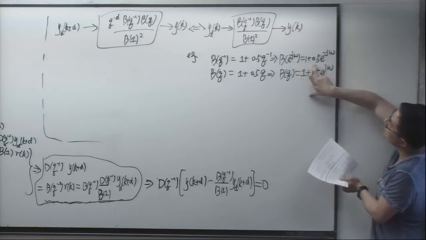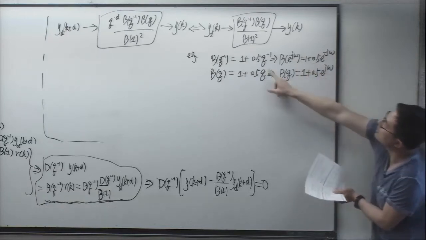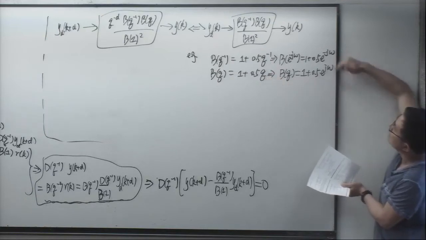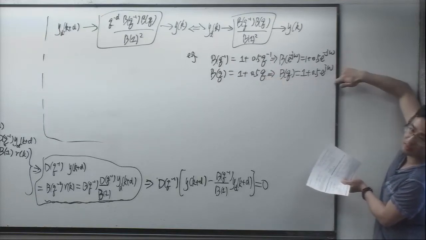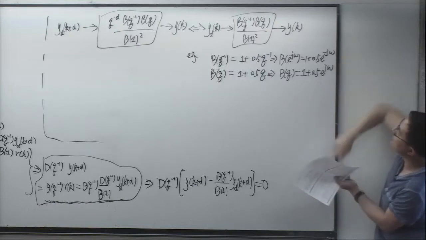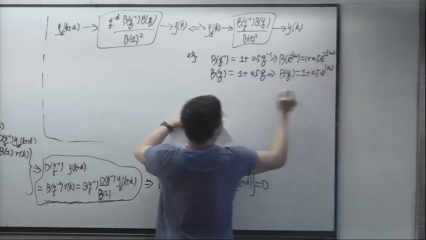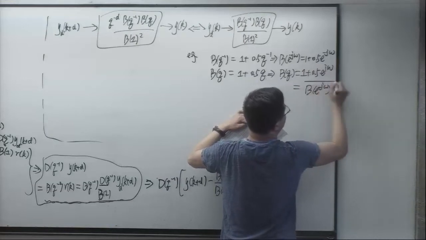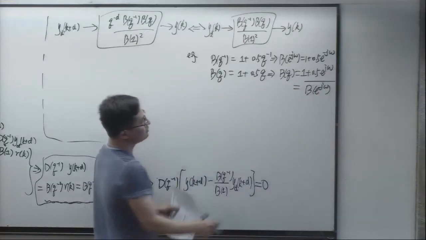Then the frequency response of the top one is always, because of this Q inverse and Q term, they are always complex conjugate of each other. So by this design choice, you can see this equals B e to the negative j omega complex conjugate.